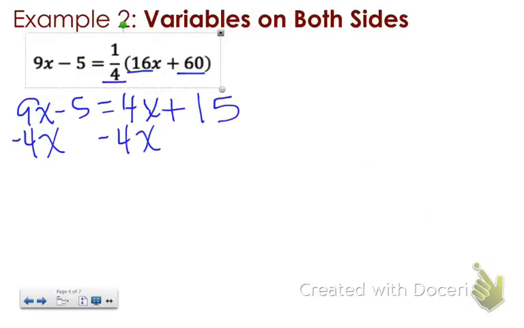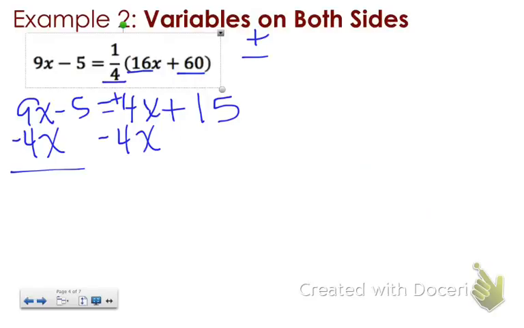So notice when I want to get the x to the other side, I'm going to subtract 4x because it's positive. On the last problem, I had a negative 2x or whatever it was, so I had to add 2x to both sides. So when you're moving across the equal sign, you're only adding or subtracting, and you're just doing the opposite of whatever that term is.